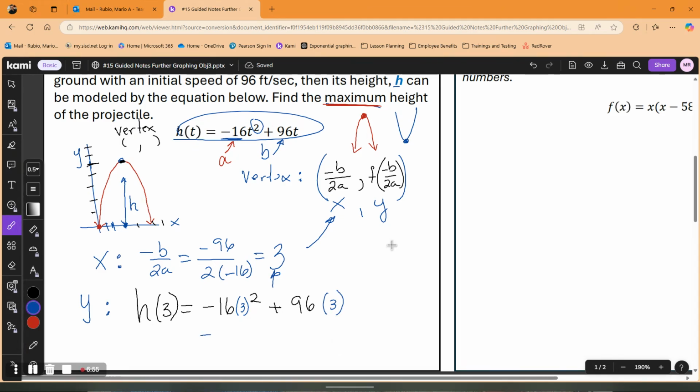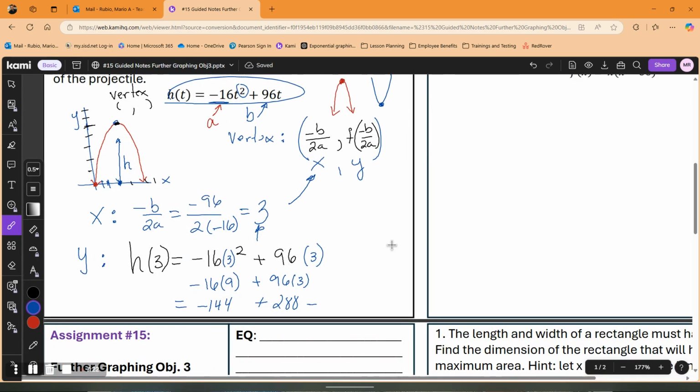Negative 16 times 3 squared, which is 9, plus 96 times 3. I'm going to be honest, I have to use a calculator. So let me get my little phone calculator. Negative 16 times 9 is negative 144. 96 times 3 is 288. So our final answer is 288 minus 144, which equals 144.